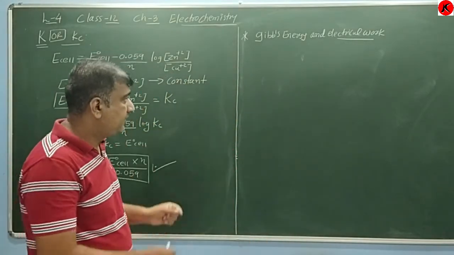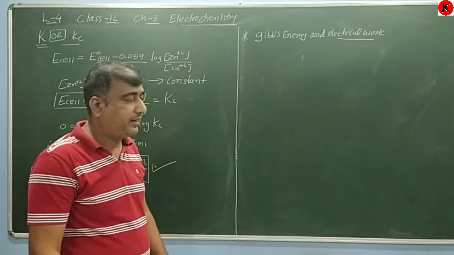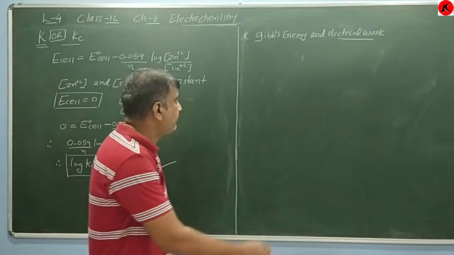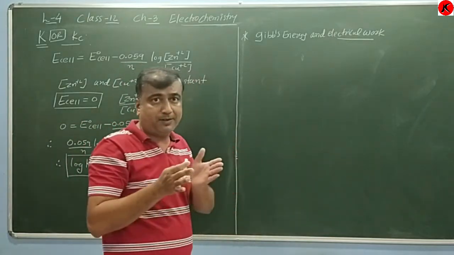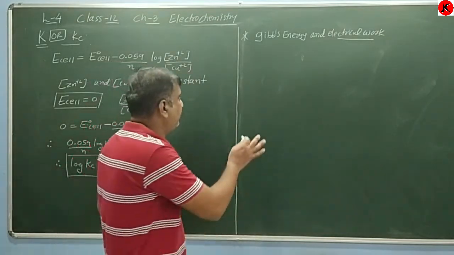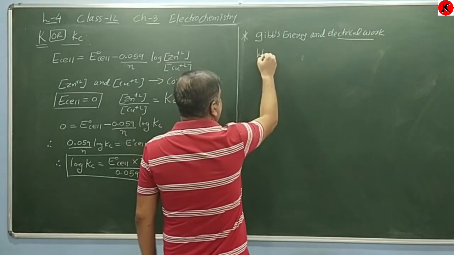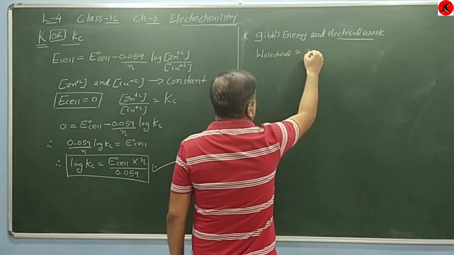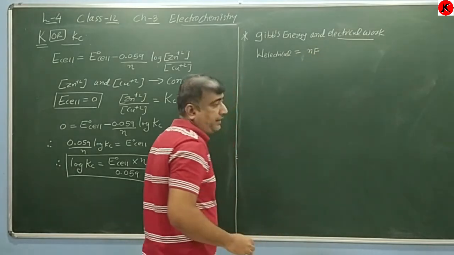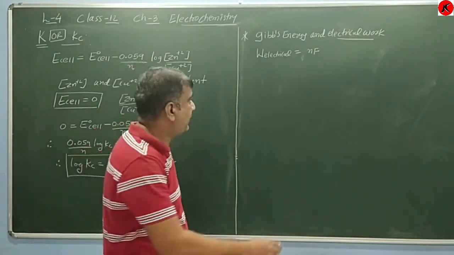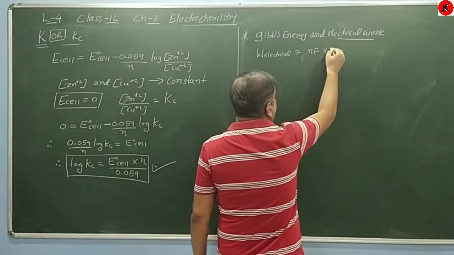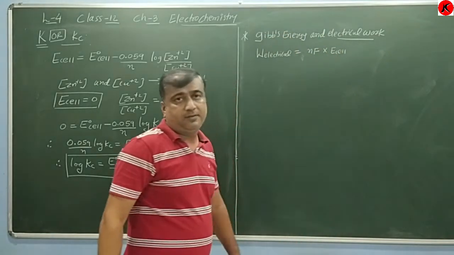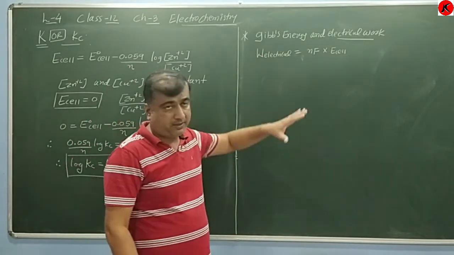How to calculate electrical work? Electrical work is related to the quantity of electricity passed and the cell potential. That means W electrical is calculated as nF, the quantity of electricity passed through the cell, into E cell. So this is the electrical work.